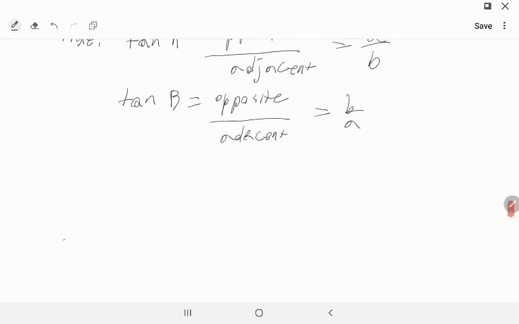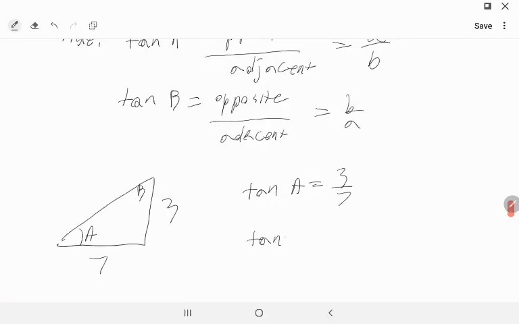And so if we looked at an arbitrary triangle, 7, 3, A, B, we notice the tangent of A would be 3/7, tangent of B would be 7/3. And so you notice tangents and sines of the acute angles are very closely related to each other.